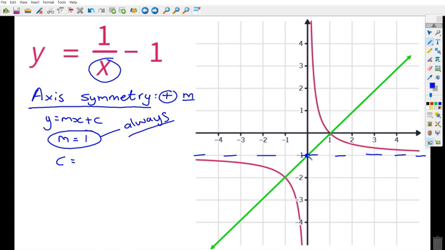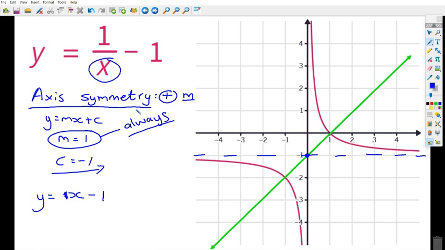And what's my y-intercept here? -1. So my y-intercept is going to be whatever the asymptote is, guys, if you don't know that. So then my equation of that line is going to be y is equal to 1x minus 1. But I don't have to put this 1 there, so it's just y equals x minus 1.